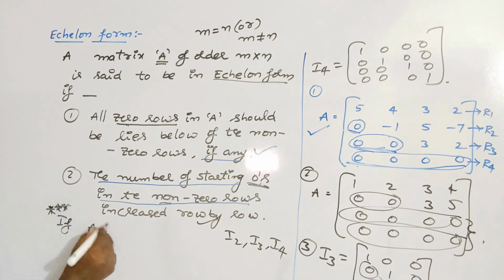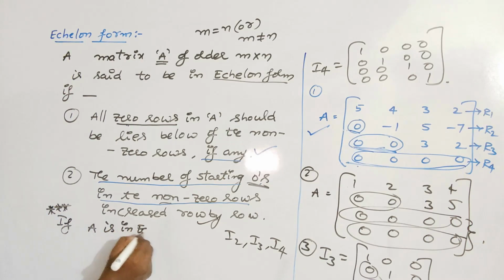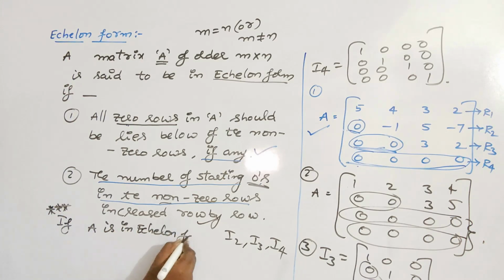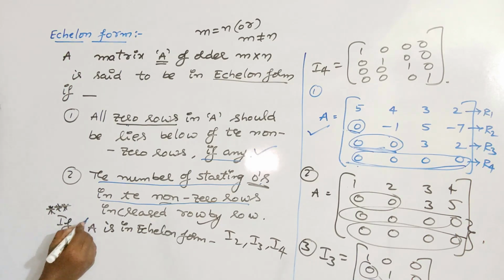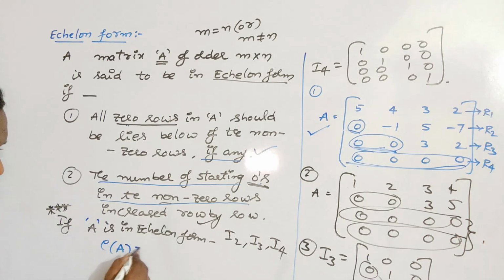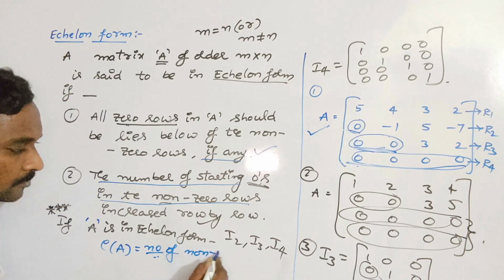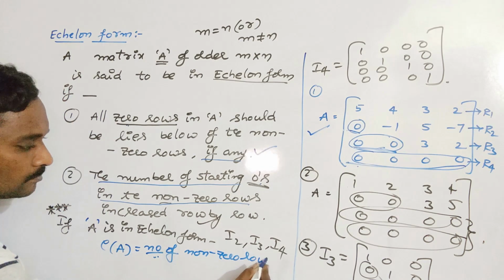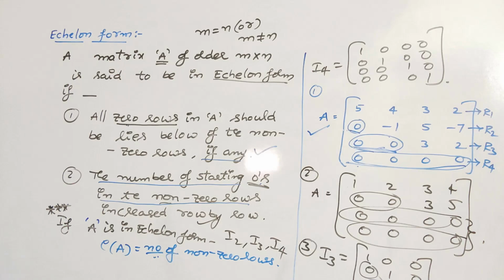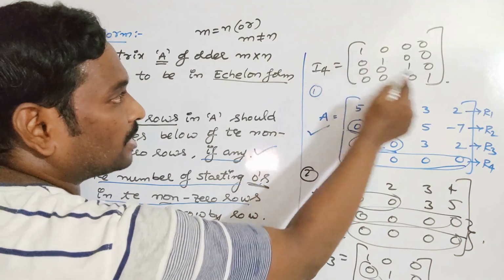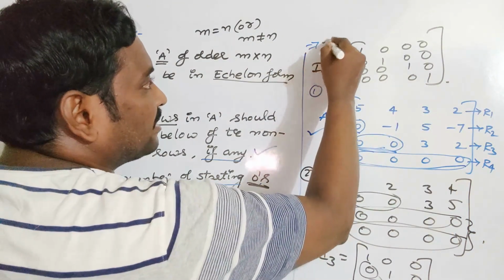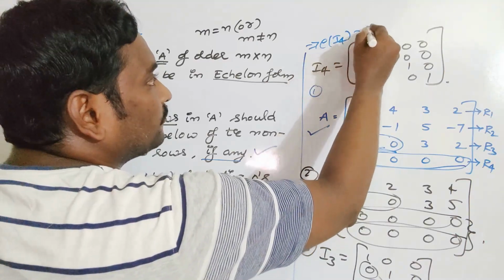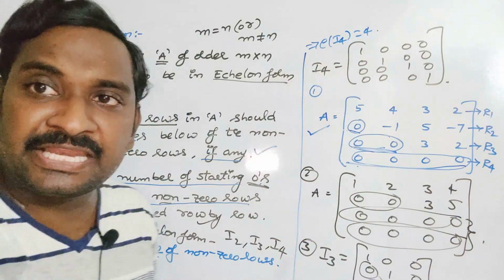If capital A is in echelon form, then the rank of matrix A, denoted rho of A, is the number of non-zero rows in that echelon form. Already you know it. So clearly here we have 4 non-zero rows. That's why the rank of I4 is equal to 4. Similarly, the rank of I3 is 3.